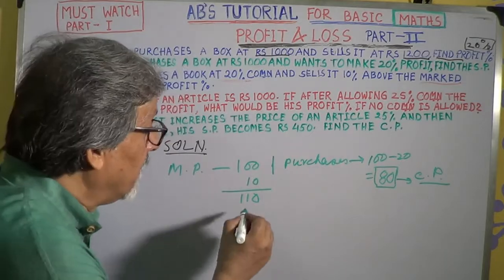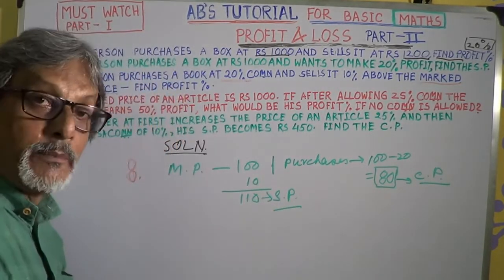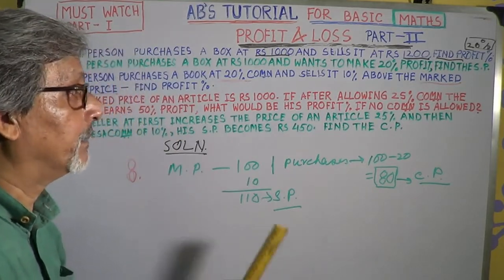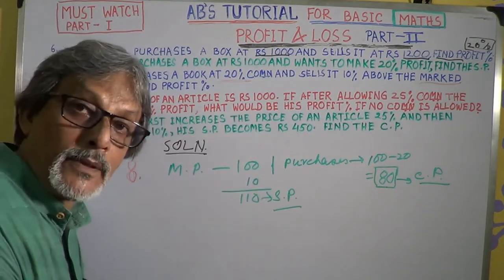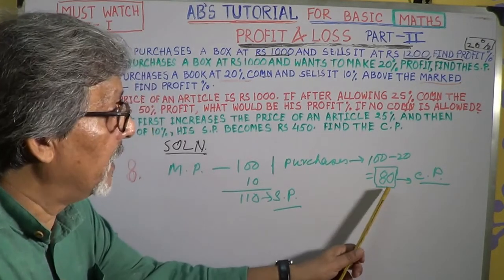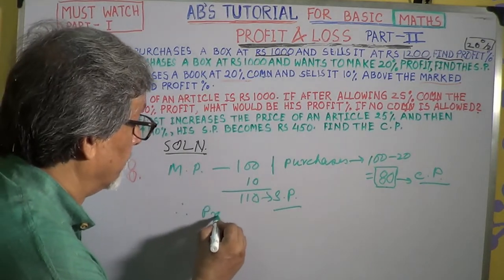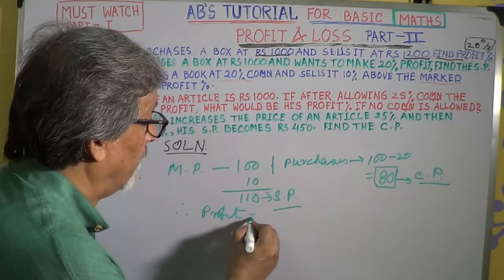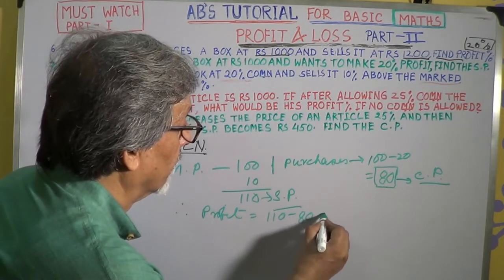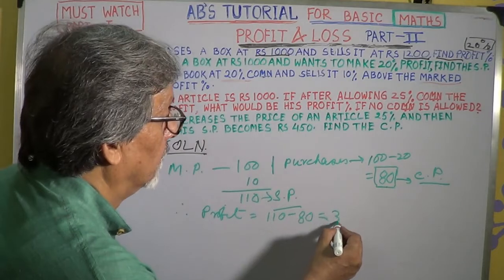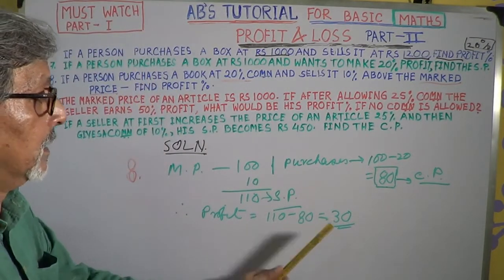So 110 becomes the selling price of this person, and rupees 80 is the cost price of that person. So he is making a profit of 110 minus 80 is equal to rupees 30. He is making a profit of 30.